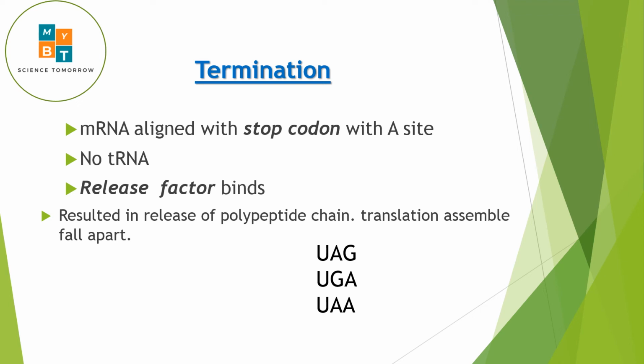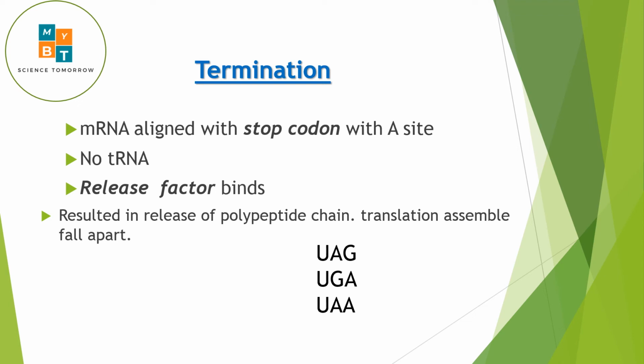So the continuation is stopped at that moment, and the amino acid sequence is released to the cytosol. The translation assembly falls apart because of the release of the polypeptide chain.